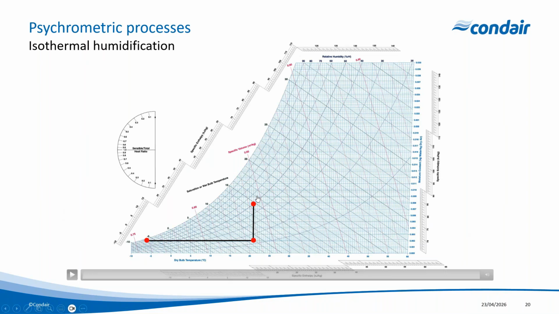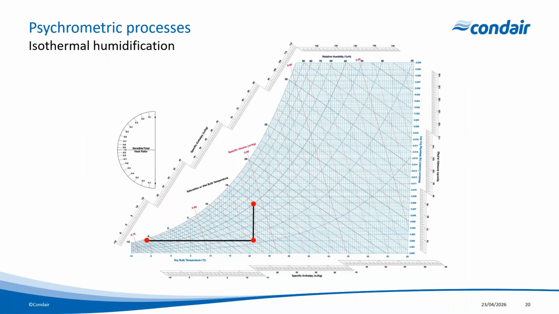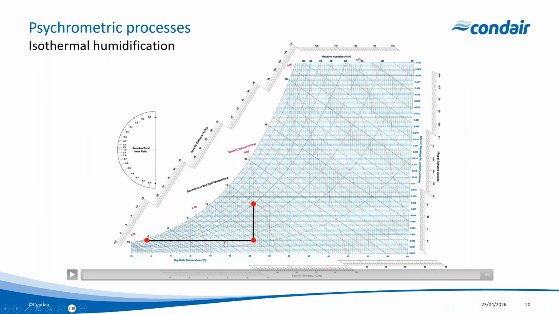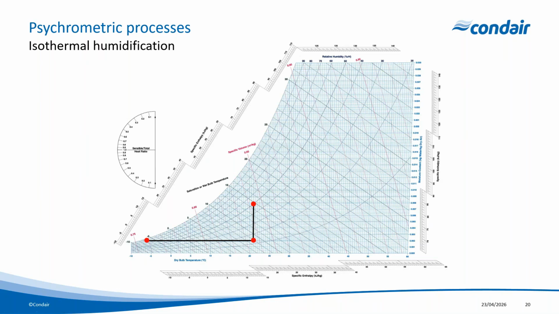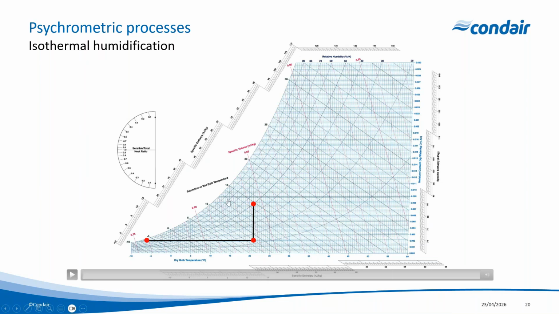It tells us that if we want to move these things around, and let's say we're designing a system to supply air at 14 degrees C to give us some optimum cooling, then we would be heating up to 14 degrees C and then isothermally humidifying. But by the time we get to the absolute moisture content that we require, we'd be up at something like 80% RH. And 80% RH is the maximum you should see in an air handling unit or a duct.